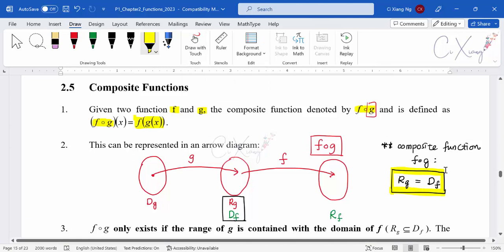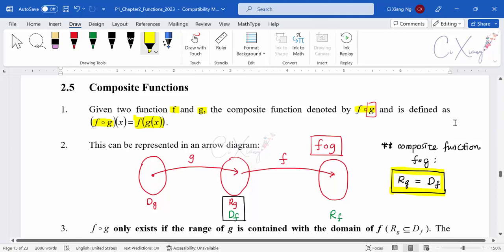This is an important result, and we'll discuss a few more examples on this maybe in the next video. No matter what, we need to know the basic idea of the composite function first, where we put the function g into the function f, or we go through the function g first, followed by the function f.